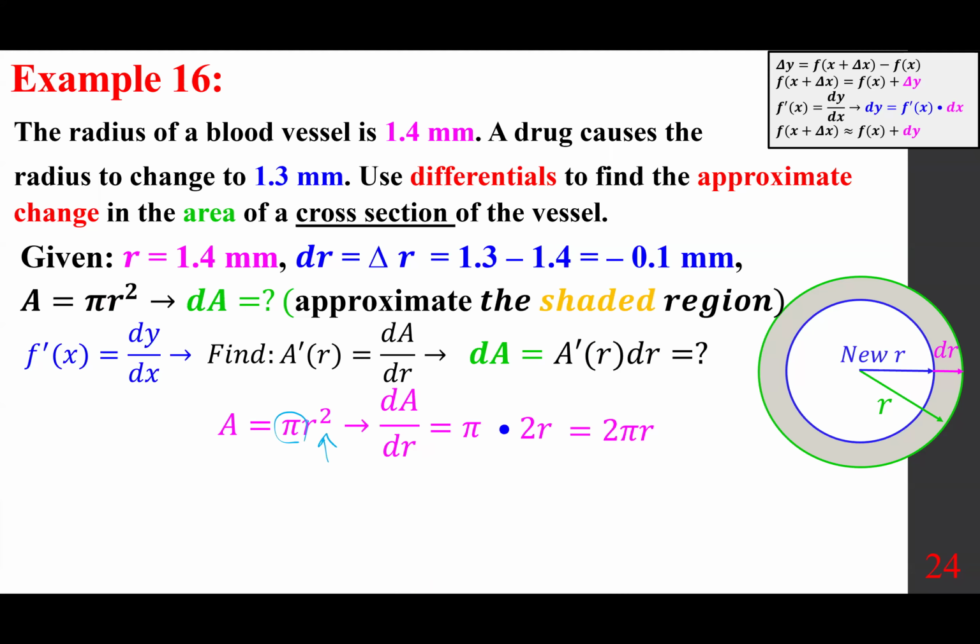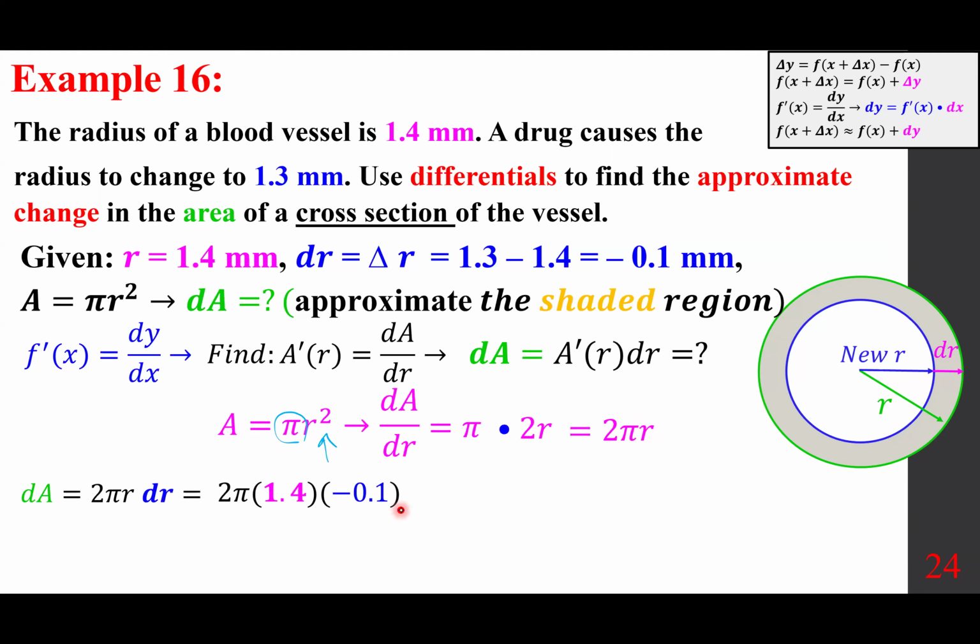Now dA would be 2 pi r times dr. We are going to replace the r with 1.4 and dr with negative 0.1. So r is the original r, the initial value.